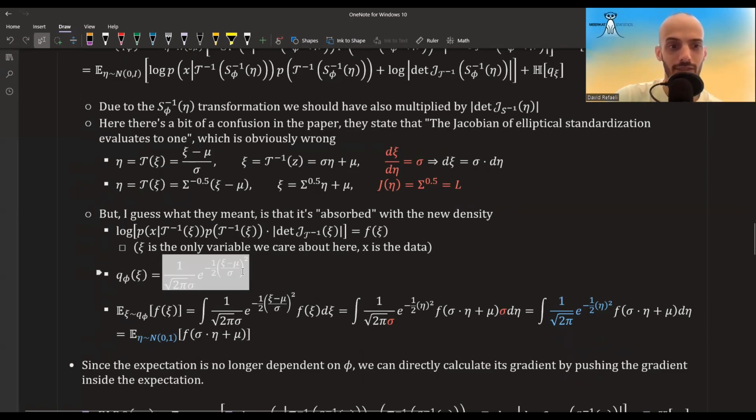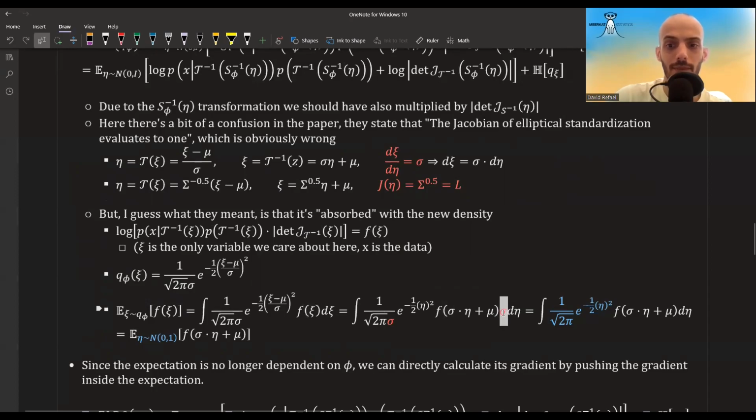So this is a PDF in 1D of normal distribution. If we now take the expectation of some function with regards to this, and this function can be what I wrote here, right? So before we changed from Xi to eta, we had this thing, and now we change to eta. So this becomes eta, and Xi becomes this thing.